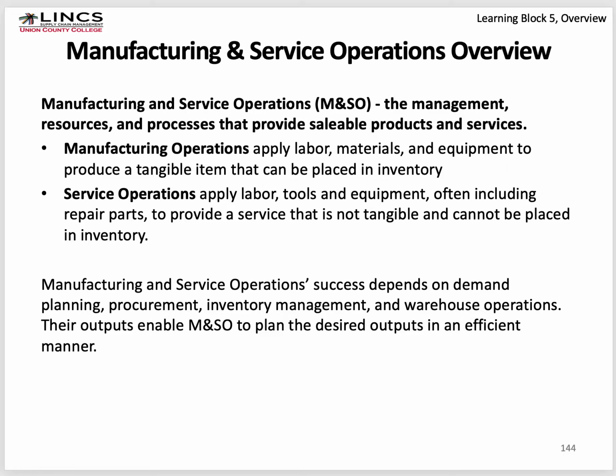We are applying labor, tools, equipment, sometimes spare parts, whatever the case may be, to provide the right service in the right quantities at the right time. It just can't be inventoried like manufactured goods can be. That would be the difference. But a lot of the planning is still the same.